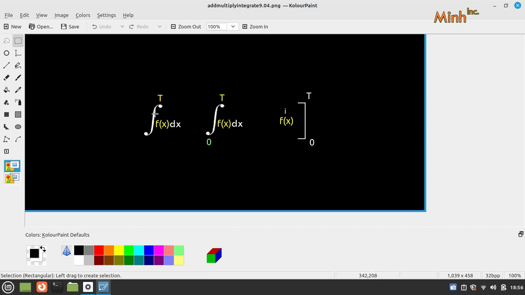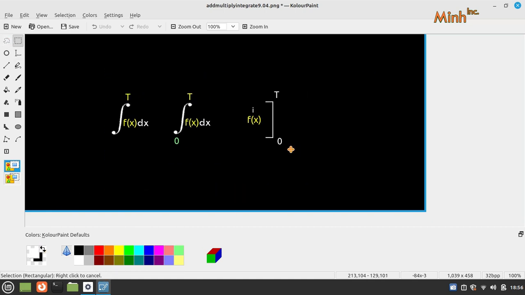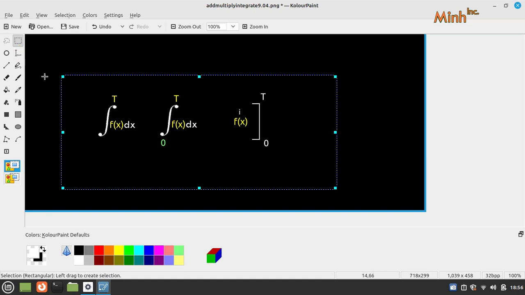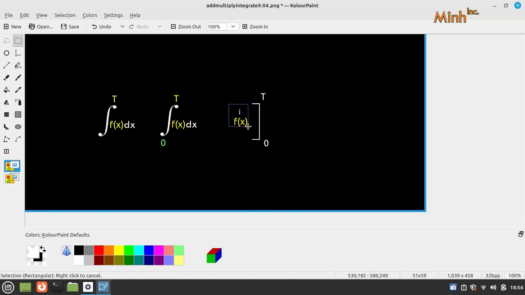Post that, it would become the integrated value, and x would be replaced by 0. This is the default nature we have seen.